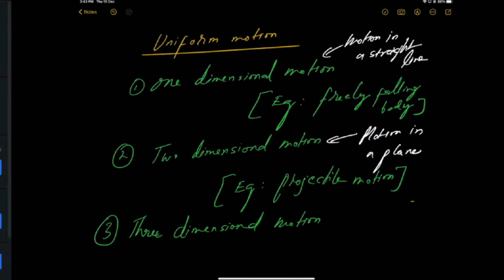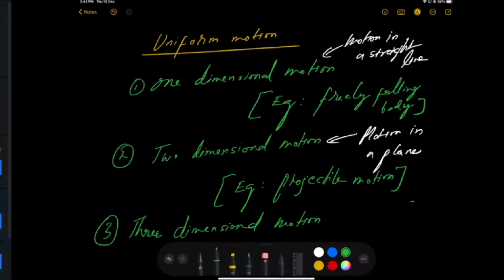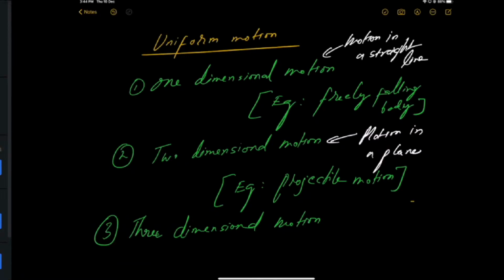So it will take a 3D path. That means you cannot draw a plane in which this trajectory fits, because it will come out of the plane. So this motion is called three-dimensional motion, and the other name for it, you might have already guessed, is motion in space.